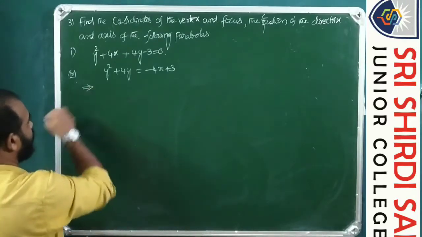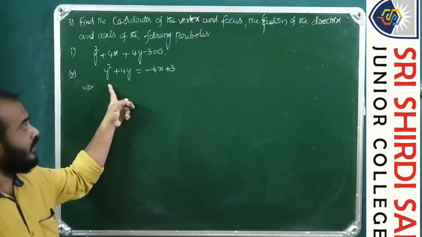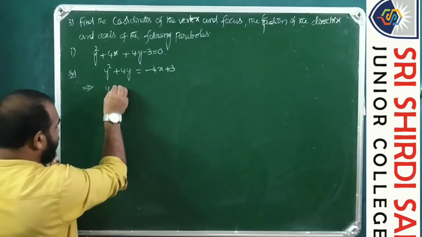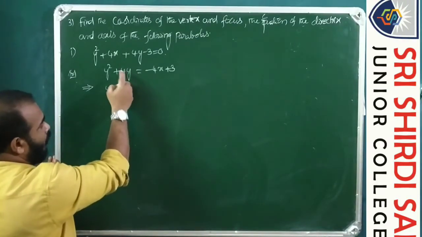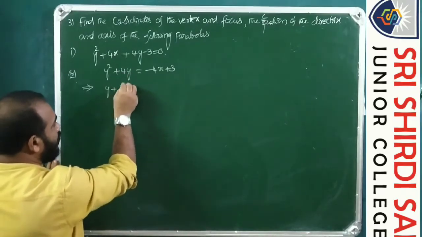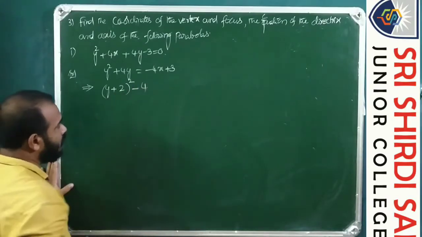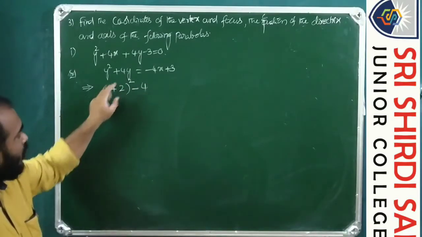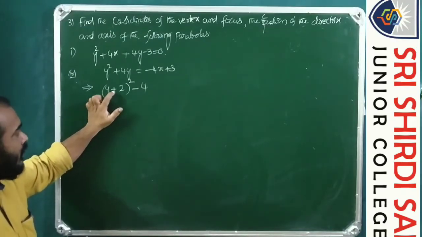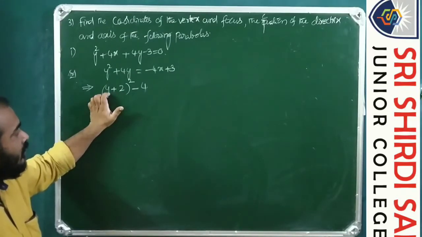Try to write it in the form a plus b whole square. So y square plus 4y: the coefficient of y is 4, half of it is 2, complete the square here, minus 2 square is 4. So this is equal to the same thing, because a plus b whole square is a square plus b square plus 2ab. y square plus 2 square is 4, plus 2 into 2 is 4y, minus 4.